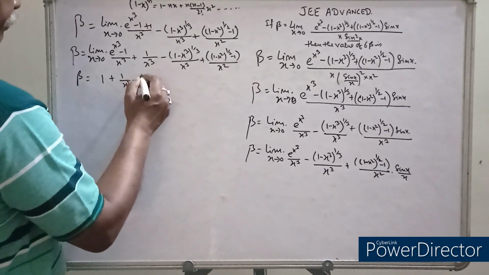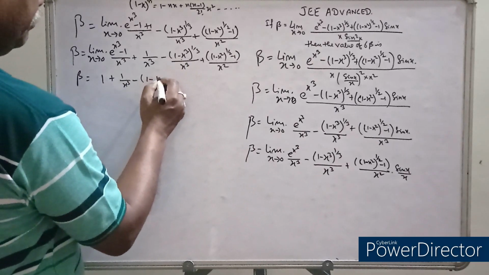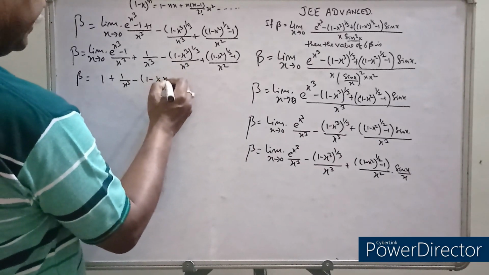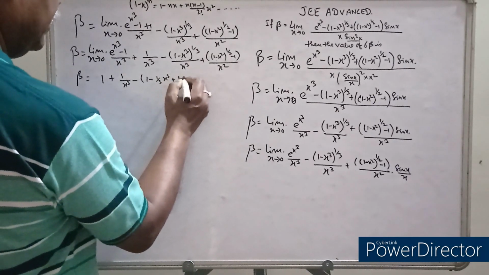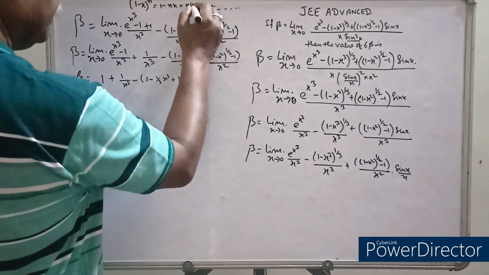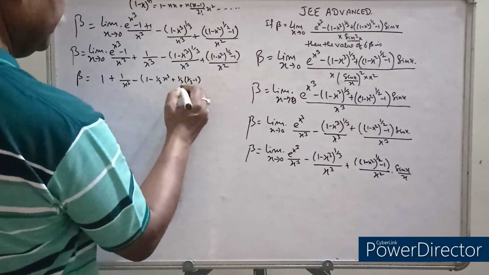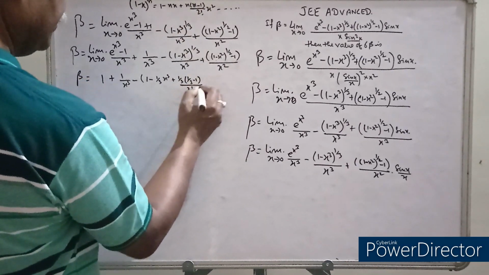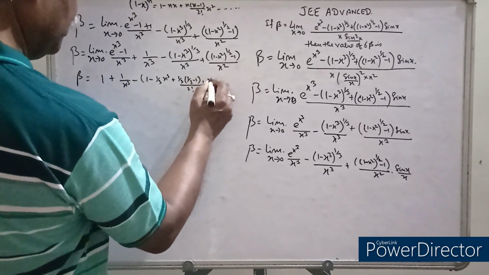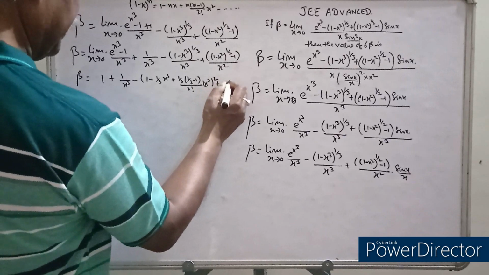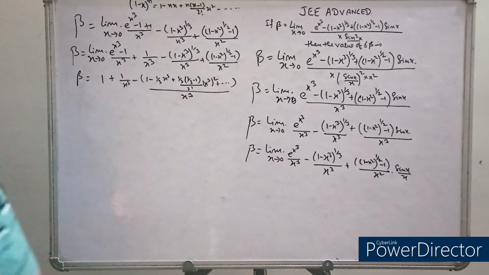This will be 1 minus 1 by 3 x cube, and then plus 1 by 3 into 1 by 3 minus 1 by 2 factorial into x cube the whole square, and it will move like this, divided by x cube.